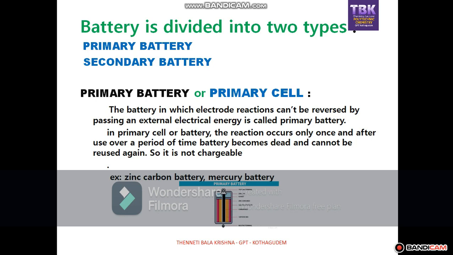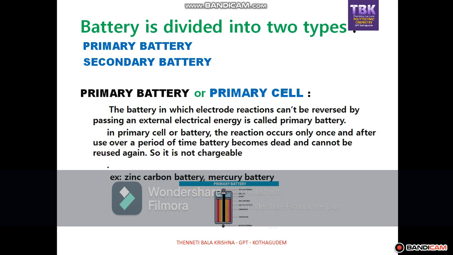Is it clear? Once we use the battery, we can't recharge it. Once it is used, the reactions cannot be reversed in an electrolytic cell, so it cannot be recharged. Such cells or batteries are called primary batteries.